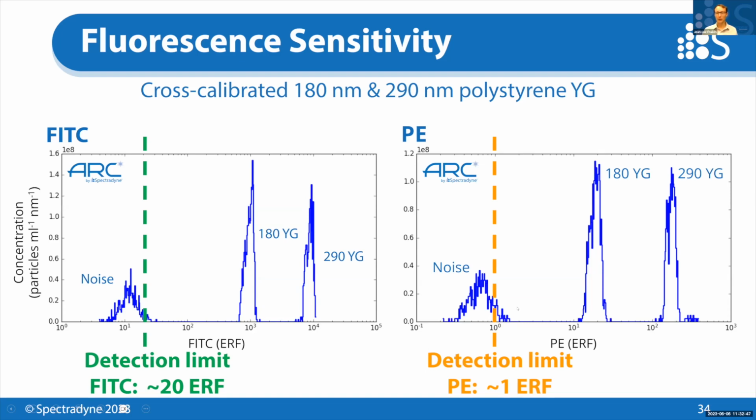In the PE channel, PE is a much brighter fluorochrome, so there is higher sensitivity and a lower detection limit. We're in the single molecule of PE range of sensitivity here. These are sensitivities at least as good as, or better than, most flow cytometers currently on the market.